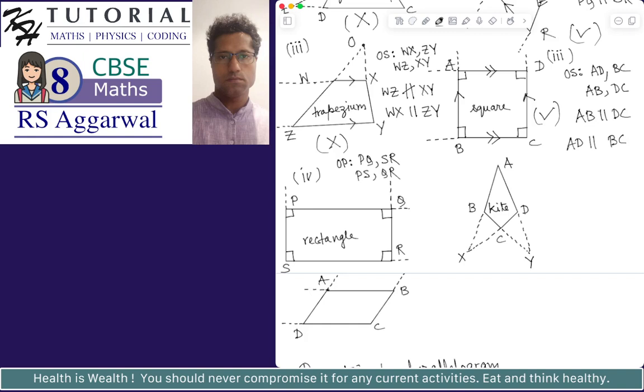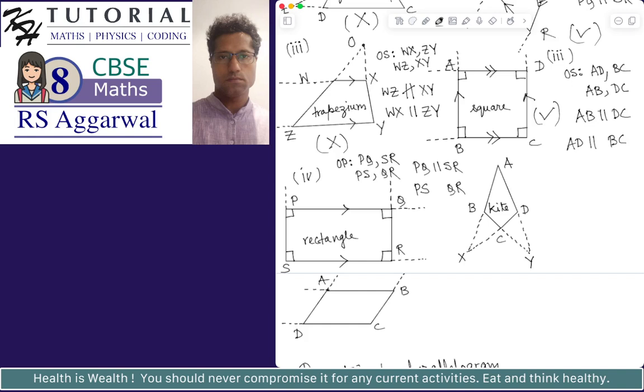Now clearly from the dotted lines we can see that when the pair of opposite sides PQ and SR are extended, they are not meeting at any point. So they are parallel, which means that we can visually indicate that PQ is parallel to SR. Similarly, when the other pair of opposite sides PS and QR are extended, they are also not intersecting at any point.